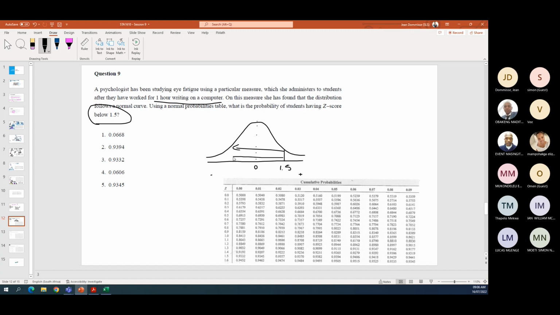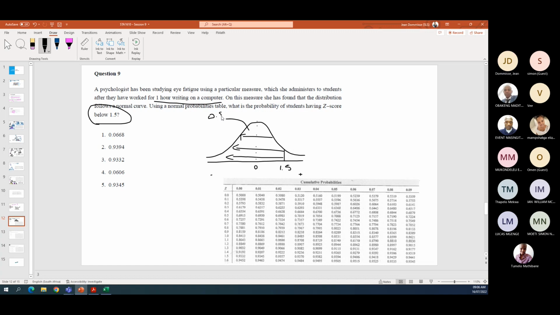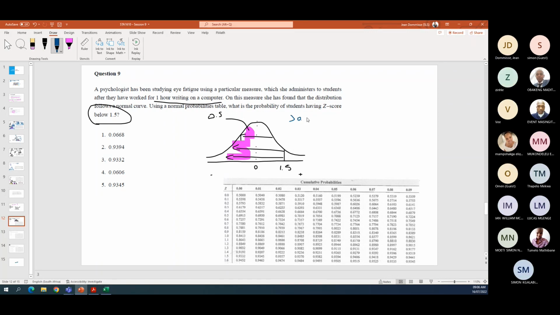Okay, so again, just following on what I tried to show last week, if this is 0.5, the purple area, then my answer that I'm going to look for will be bigger than 0.5. Okay, so now with even looking at the table and looking what we need, I can already say, well, it needs to be bigger than 0.5.